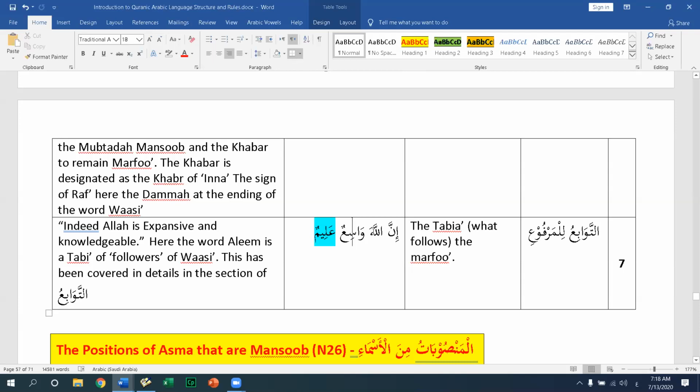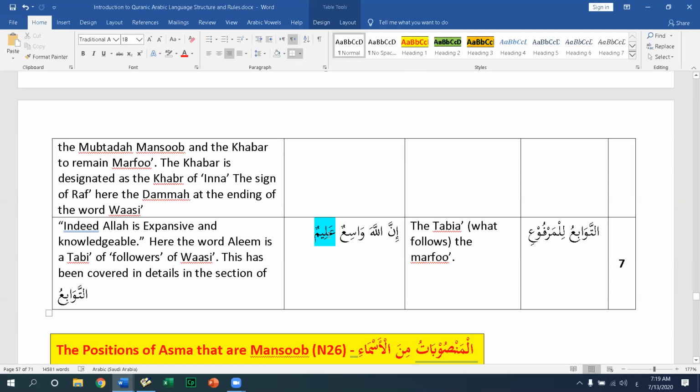So indeed Allah, so we say the word Allah is ismu inna منصوب وعلامة النصب الفتحة على آخره واسع خبر إن مرفوع and عليم we say it's بدل for واسع والبدل يتبع المبدل منه في الإعراب فواسع مرفوع إذا عليم مرفوع.